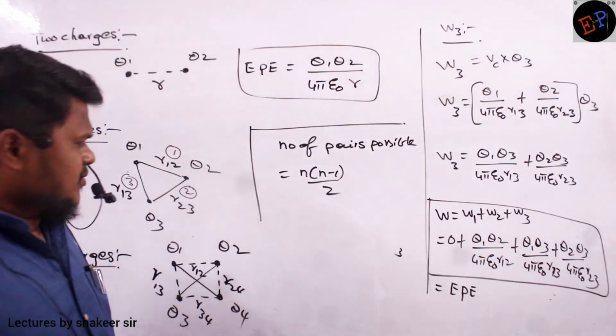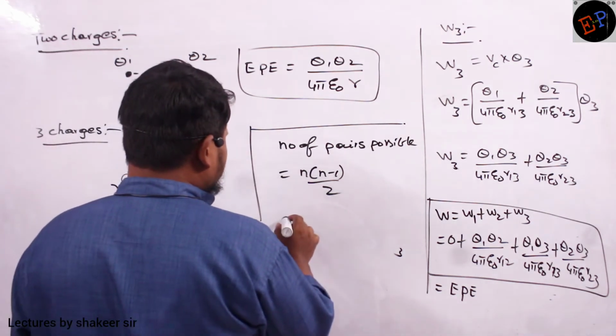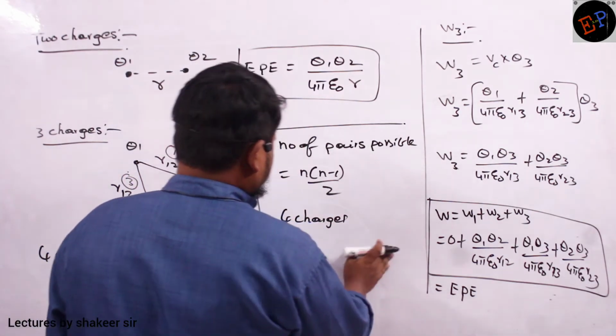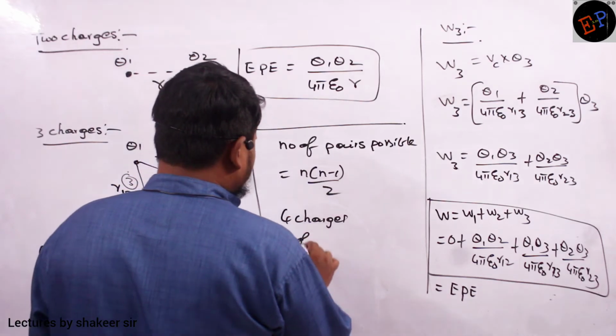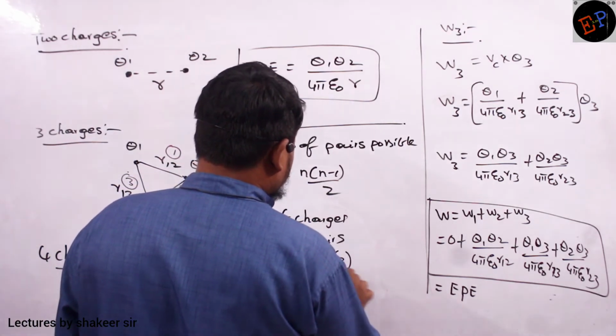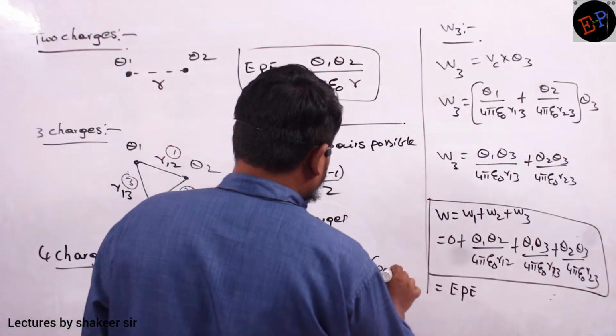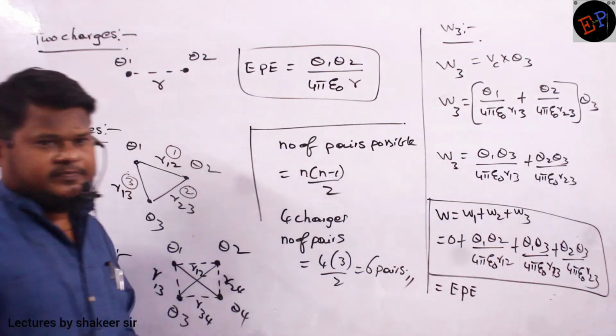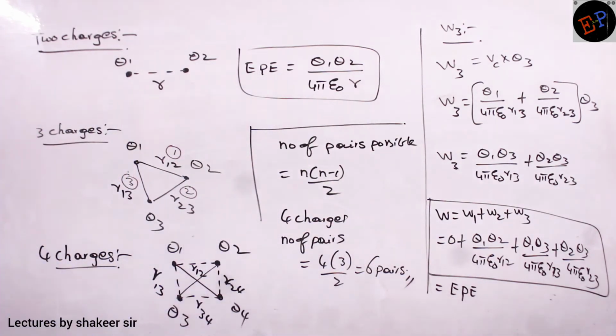The same formula we can use here also. For example, if 4 charges are present, then the number of pairs is 4 into 3 by 2, so 6 pairs are possible. Therefore in the equation you should write 6 terms. That's it.